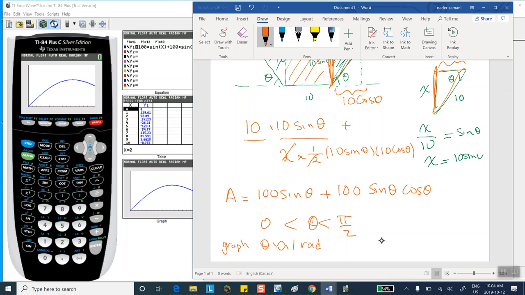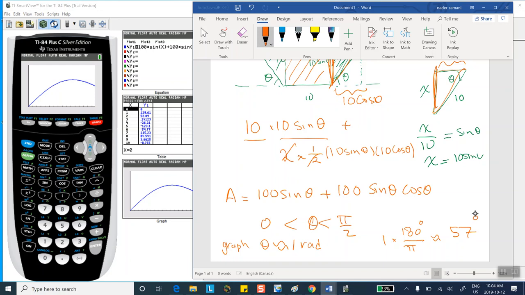Now, 1 radian, remember, if you want to get it in degrees, you multiply it by 180 divided by pi, and you get approximately 57 degrees.